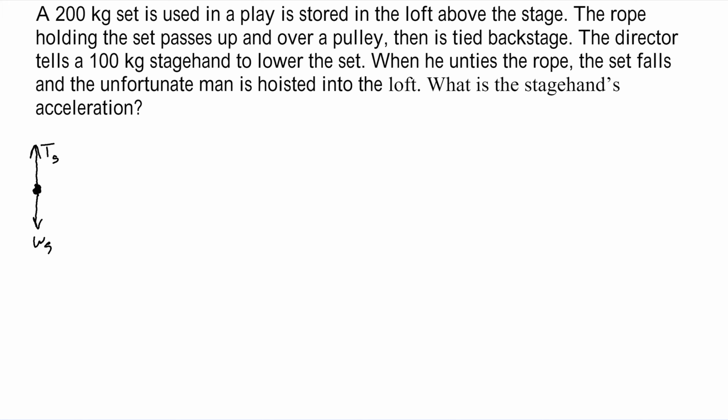Now we're also going to have a free body diagram for this person here. So is this gonna be while they're in the air or while they're on the ground? Does it matter? Yeah, because if they're on the ground, then we have normal force, but if they're in the air, we don't. But we have a weight down and we have a tension up.